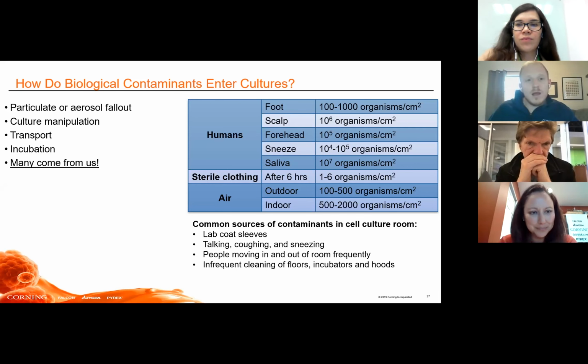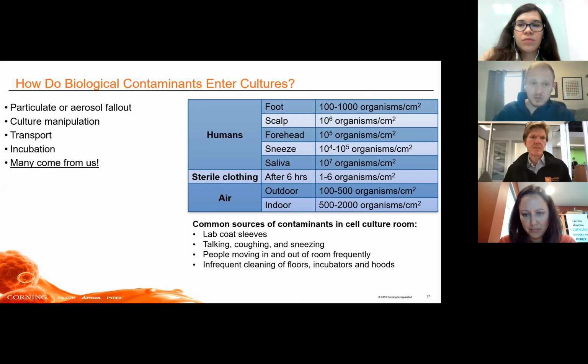So how do biological contaminants enter into cultures? We've already touched on this, but the primary ways are through particulates in the air or through aerosols, through manipulation of the cell culture. So through the process of adding in your cells or working with the tissue culture vessel, or via transport. If you're moving your plate from the biosafety cabinet to the incubator, or during incubation in the incubator itself, if your incubator is not clean.